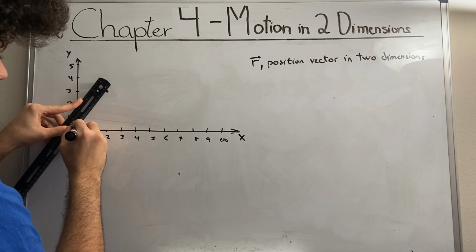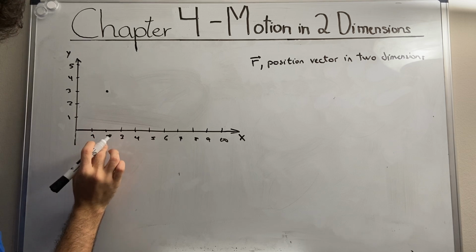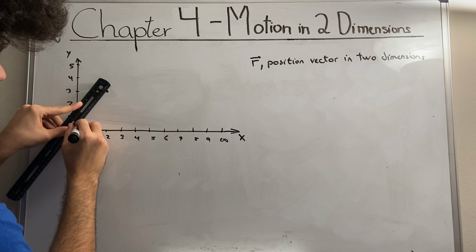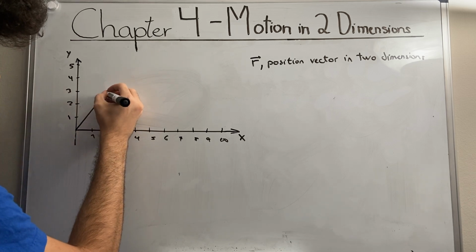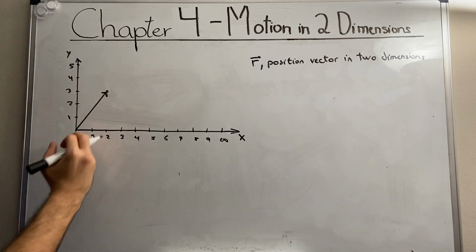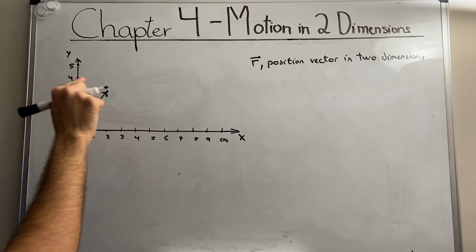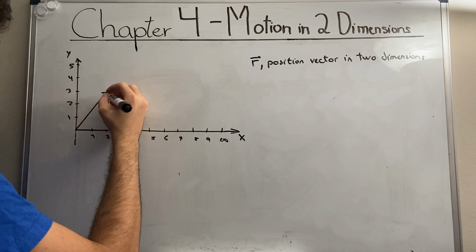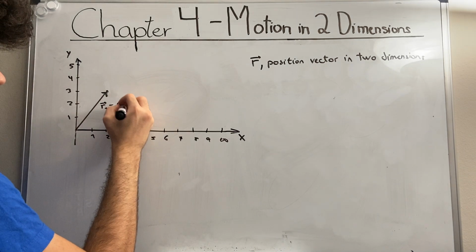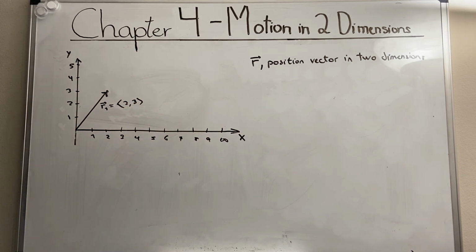So instead of just claiming this to be coordinate 2, 3, we're actually going to use the r vector to pinpoint the vector that separates the origin from that very point, right? And so if we call this R1, it would have the components of 2, 3. And that's pretty much it.